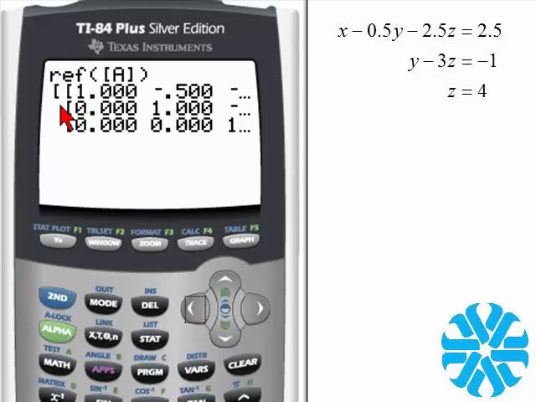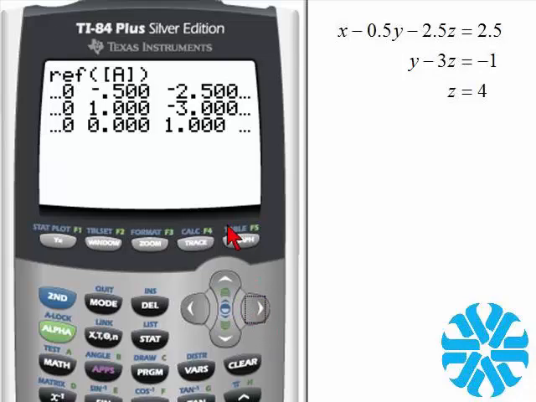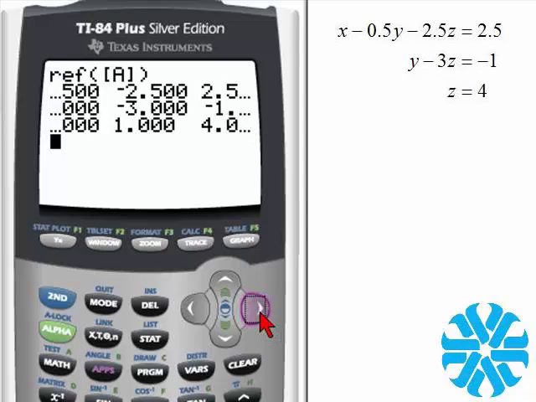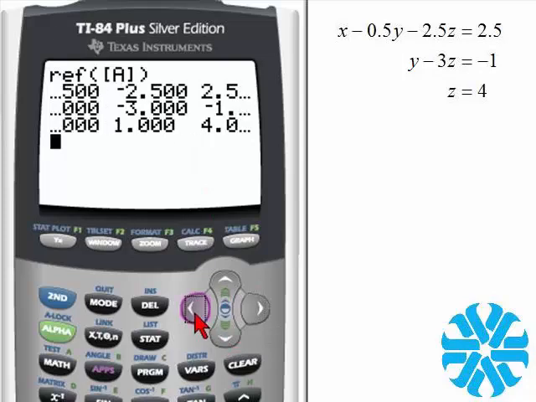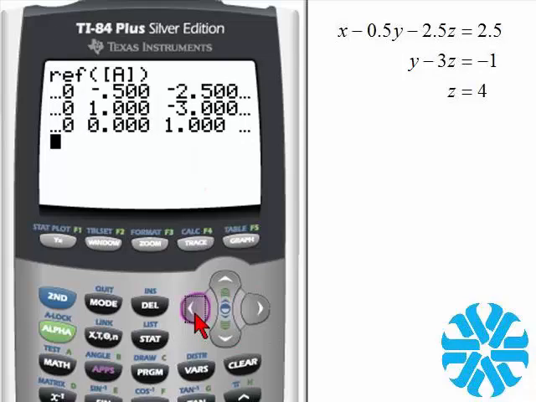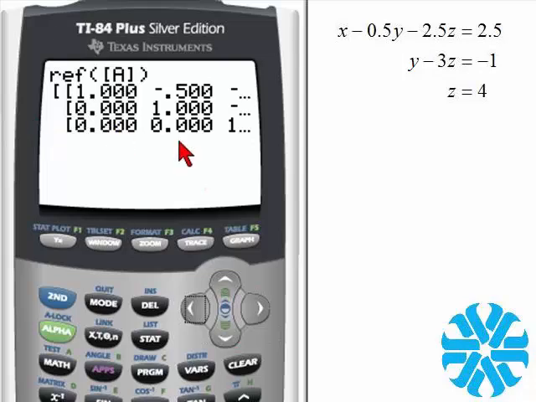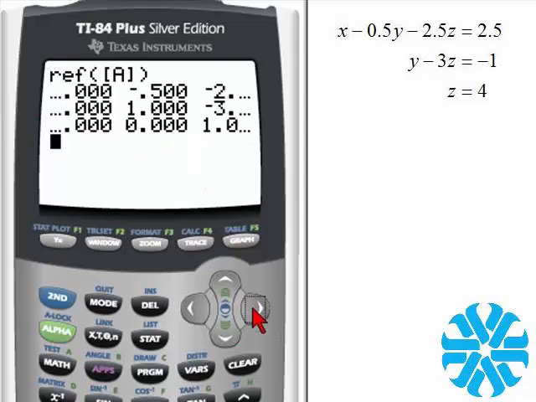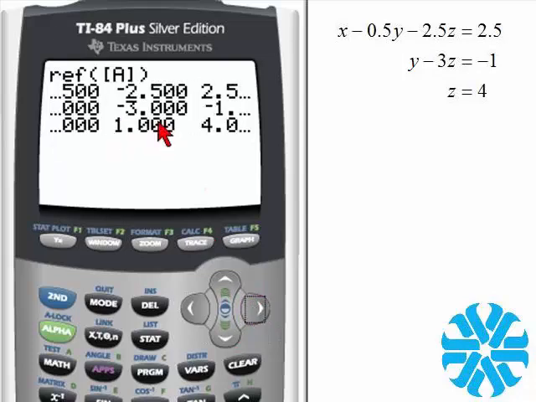So the second row says there is no x variable, so it's just y. Subtract 3z, and that equals negative 1. And then finally on the third row, we have no x's, no y's, and z, or 1z, equals 4.